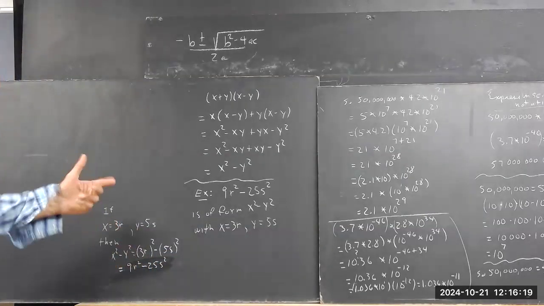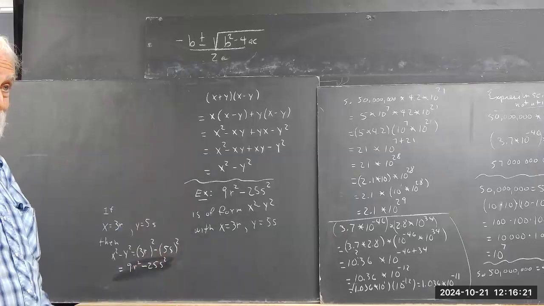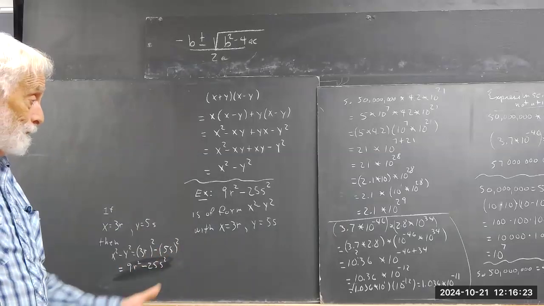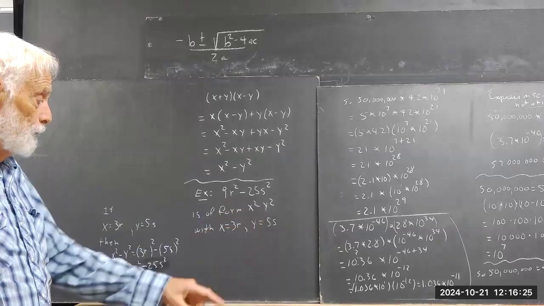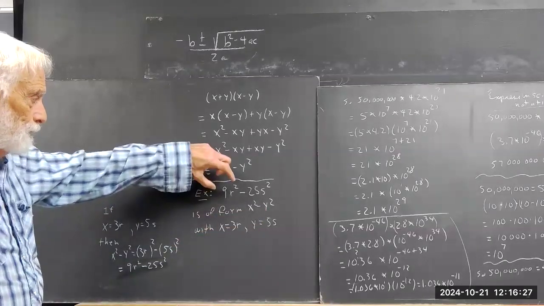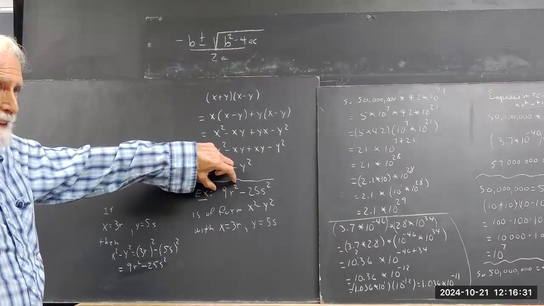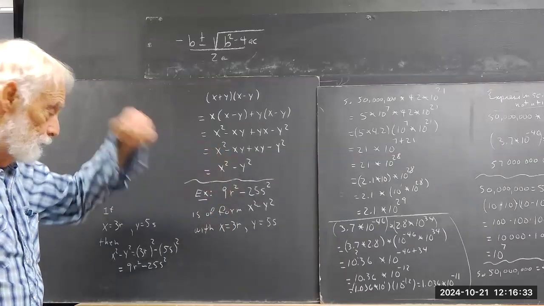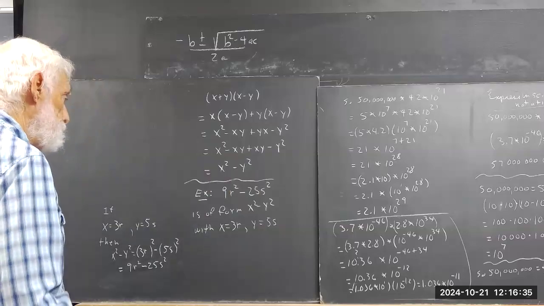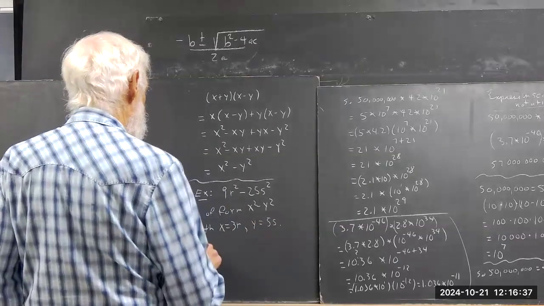Okay, so x is not going to be x squared. Okay, this says x squared minus y squared. If x equals what x squared equals, not going to work. Okay, x has to be the thing you square in order to get this.